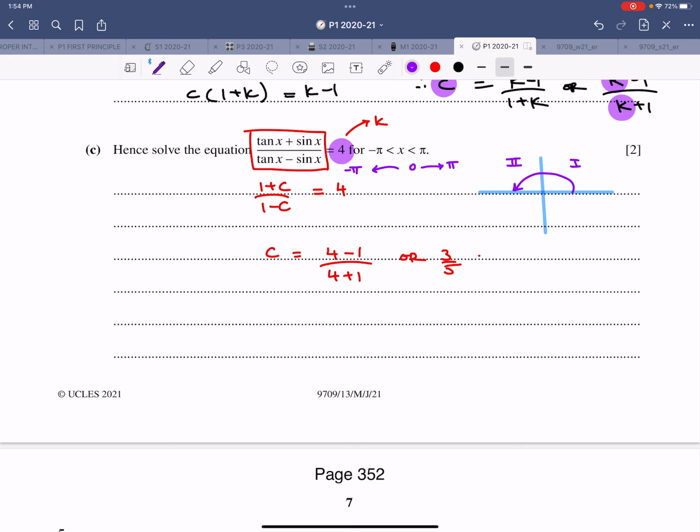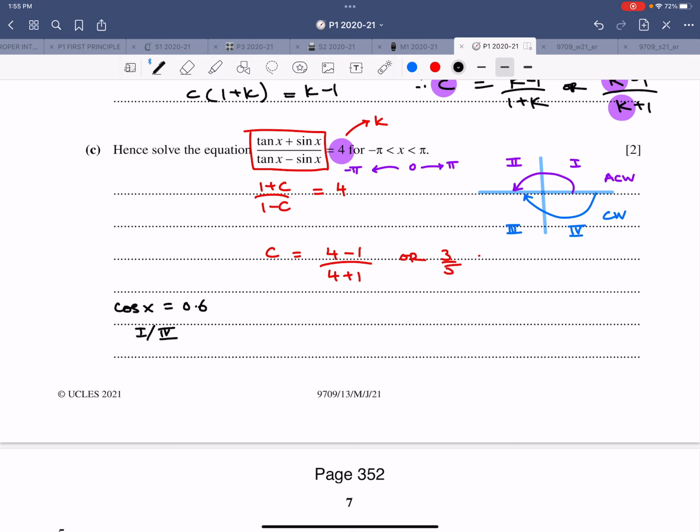That is anti-clockwise angle. And 0 to minus pi is clockwise angle, that is the fourth quadrant and the third quadrant. Now since cosine is positive, we are interested in first and fourth quadrant. So let's get started. Cosine of x is equal to 0.6, first and fourth quadrant.